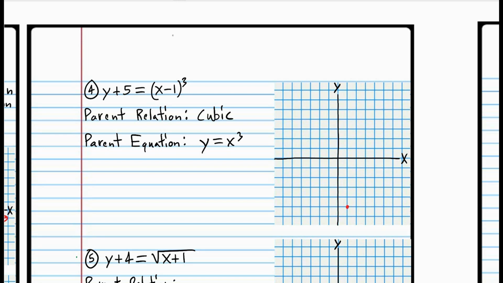So now, look at your framework. Look at your graph. You know that if you go up 1 and over 1, you get the other point. Again, if you look at your graph on your library of relations, you have a reference point there, and then you go up 1 and over 1, you get another point, and if you go down and to the left, you get another point there. So that tells us the framework.